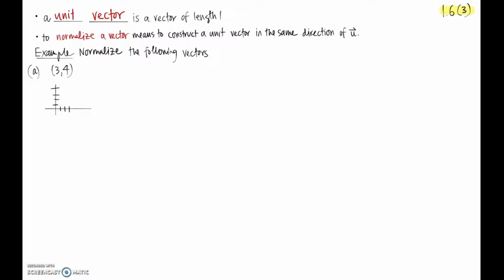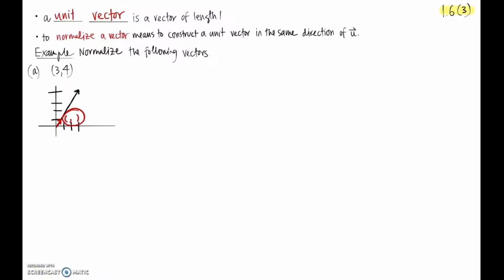When we want to normalize it, we want to find what vector is in the same direction, but is only one unit in length. So what are the coordinates of this vector that has length 1, but is in the same direction as (3, 4)? We want to find these coordinates.